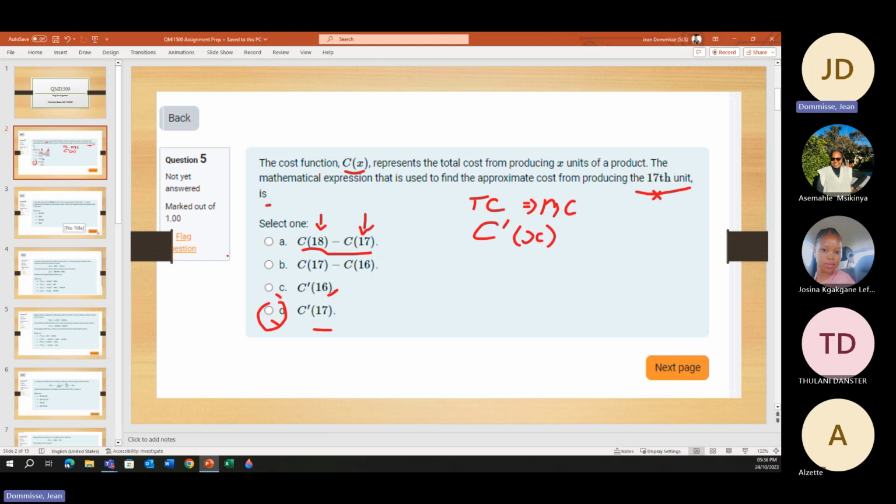What you can also do, and again I don't know how long your assignments normally are, is write down a simple cost function and then replace x and get an answer, but this one is only marked out of 1.